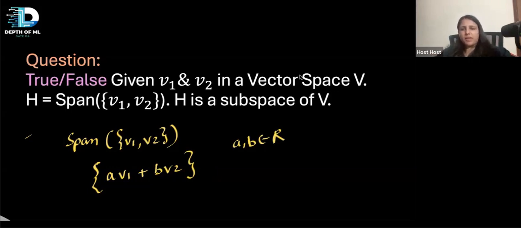So I had some vector space. For example, I say I have taken this from R3. So let's assume for some time that V1 or V2 are coming from R3. Now I'm taking the span of V1 and V2. Now tell me, is this span a subspace of V?